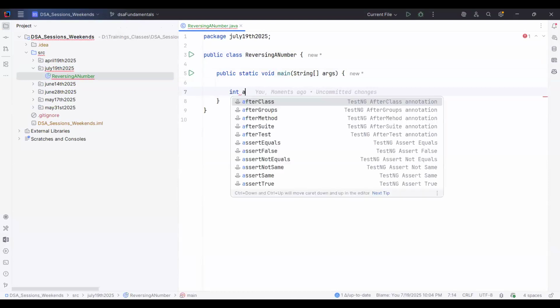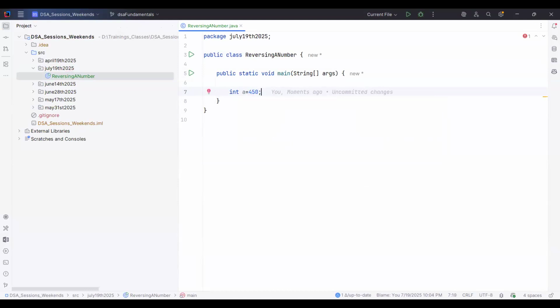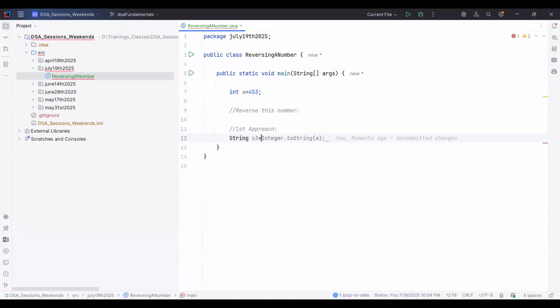Now I have an integer a equal to 453. If I want to reverse this number, how do I reverse it? The first approach, the easiest way, is: String s3 equal to Integer.toString of a, or else String.valueOf(a).